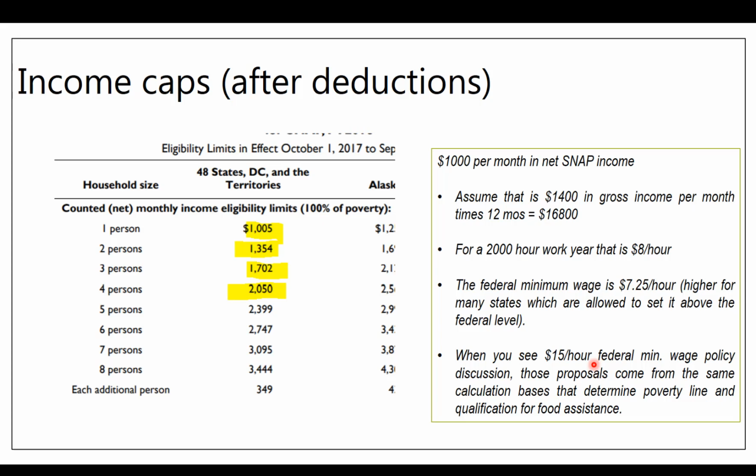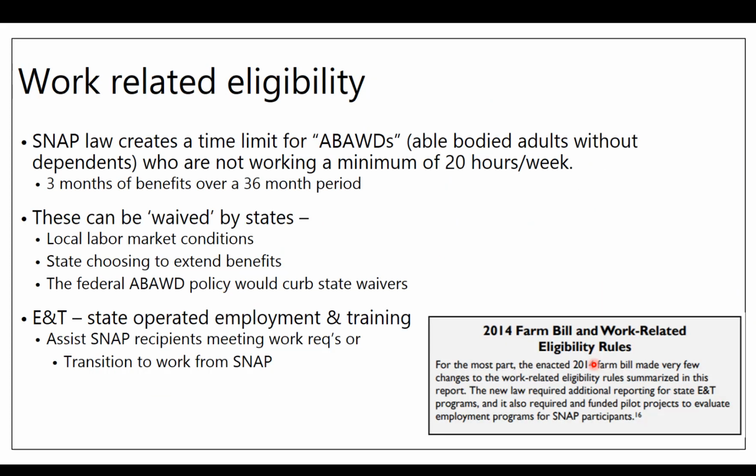Instead of giving out so much money through SNAP, maybe you offer incentivized employment for places that will meet higher wage requirements, higher living standard requirements for workers. So it's tracking off onto a different debate, so to speak, but that's where it comes from.